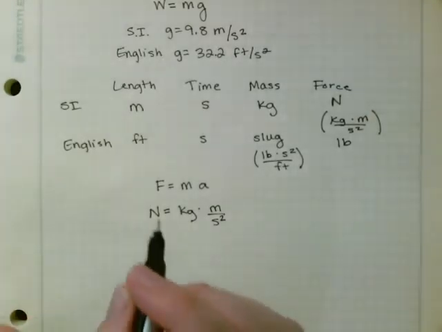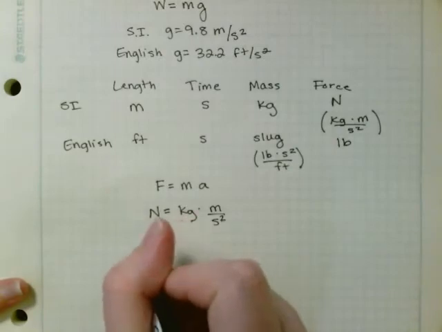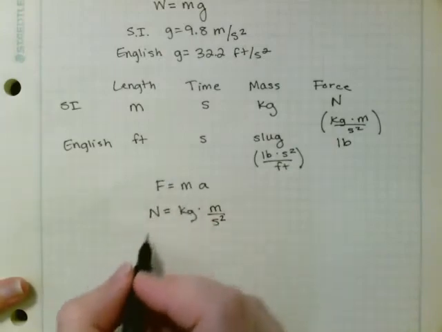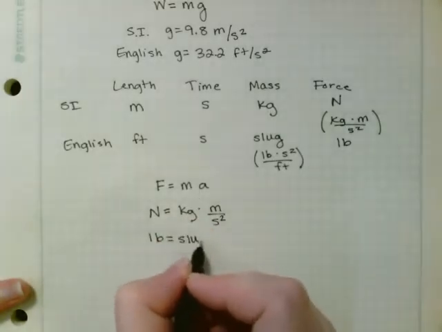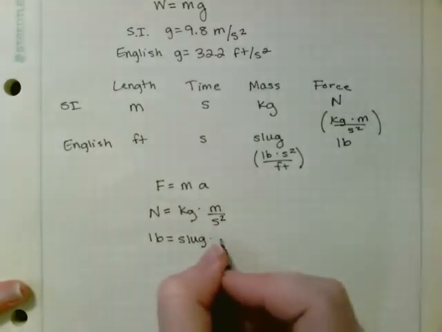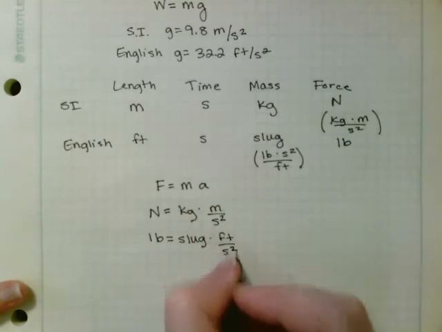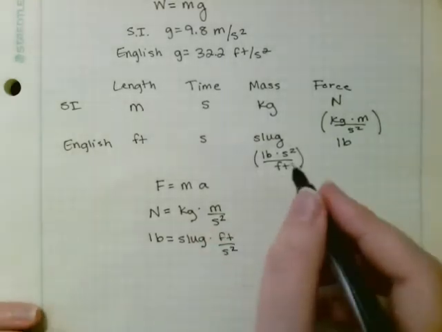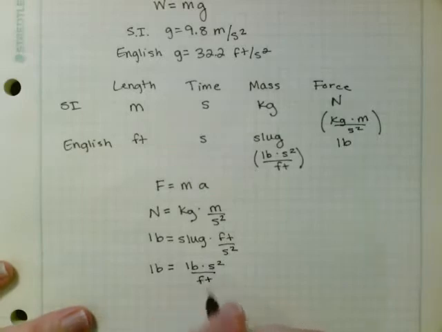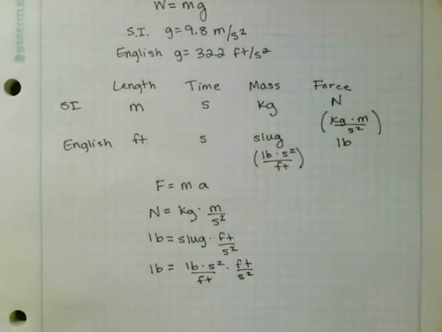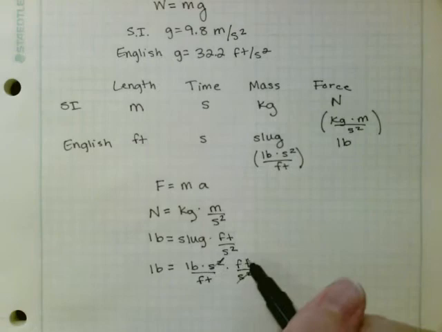So you know that's a legitimate equation because the right side equals the left side with respect to units. In English, if we were using the same thing, force is a pound, mass is a slug, and acceleration is feet per second squared. Now if we plug in what we know a slug is, we can tell this is a legitimate equation because the seconds squared cancel, as do the feet.